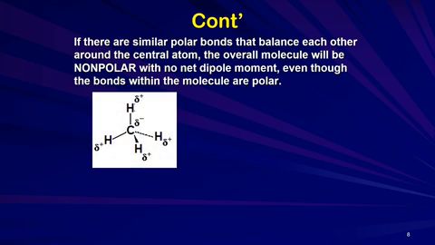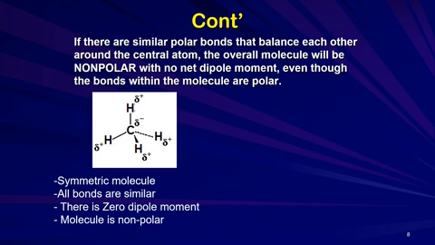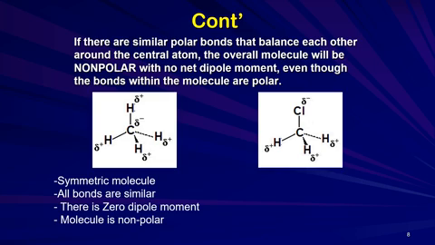We have the example here: carbon connected to 4 hydrogen atoms. We have a positive pole, positive, positive, positive, and the negative pole which is in the center. But because our molecule is symmetrically arranged, then the dipole moments will cancel out to give us a non-polar molecule. Here we have an example of a polar molecule.